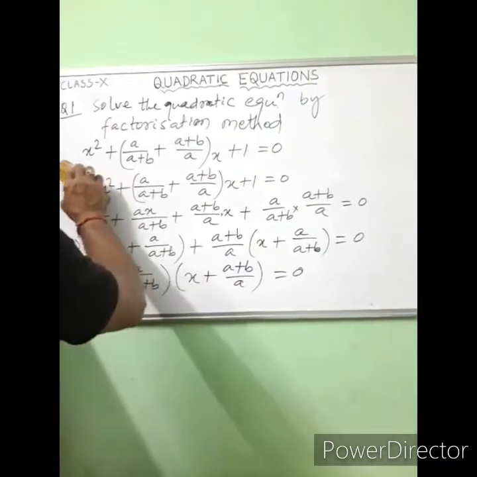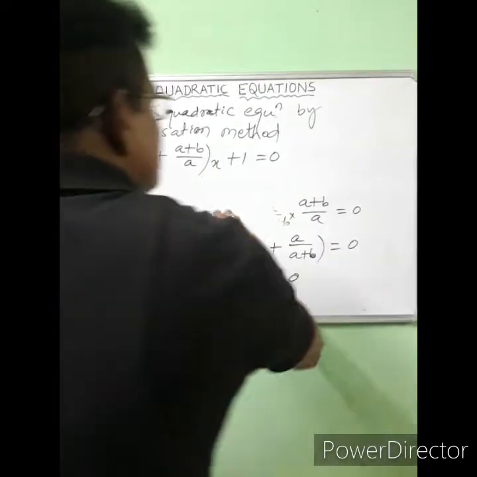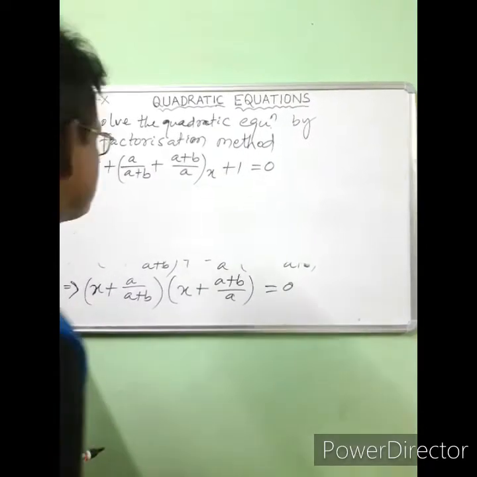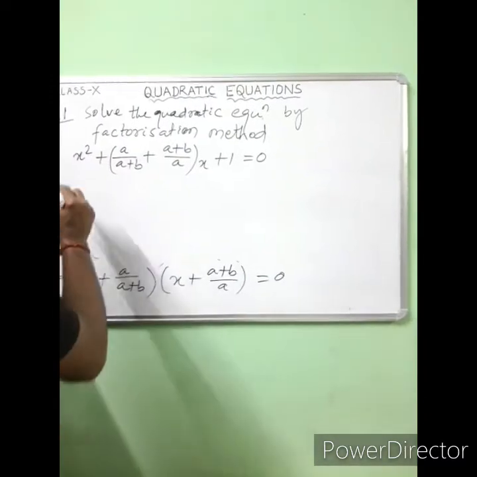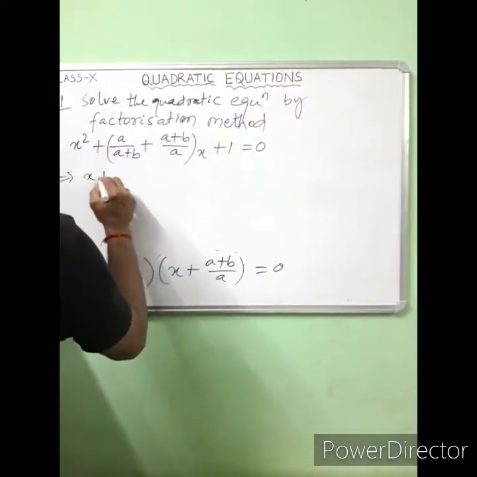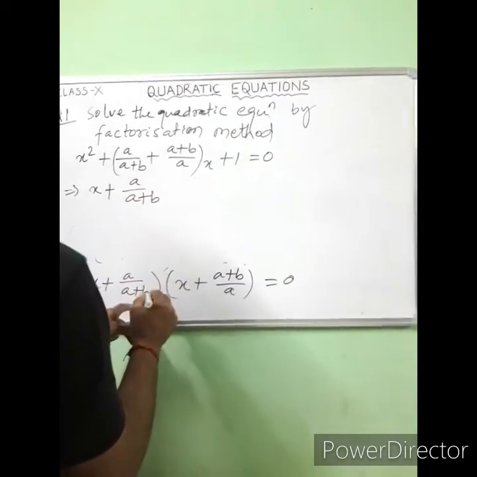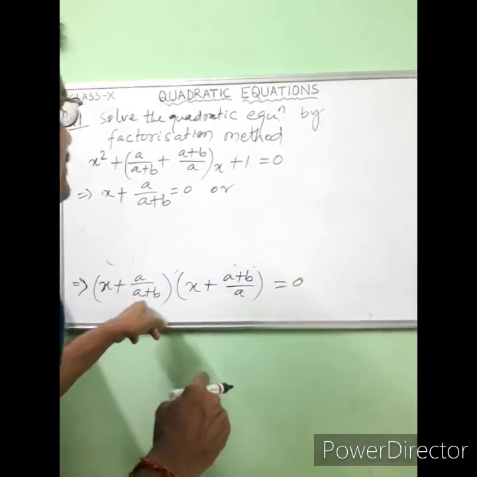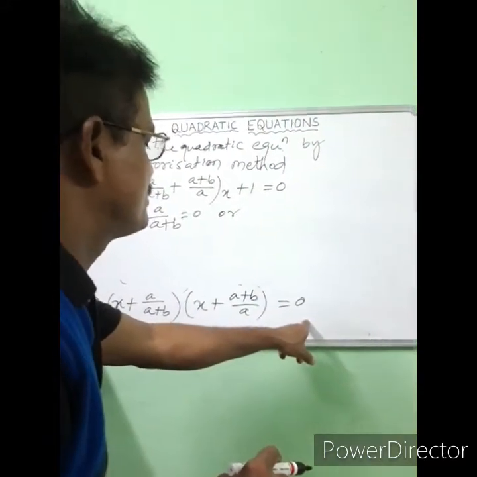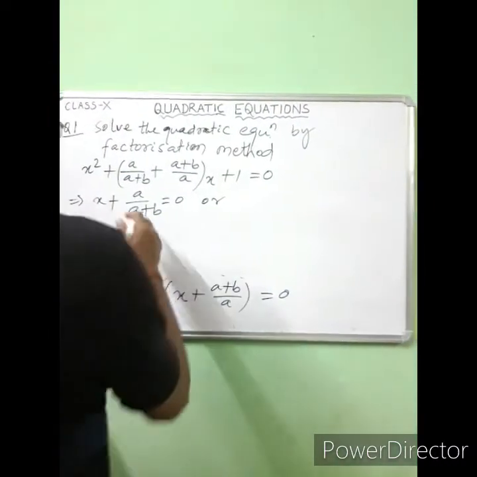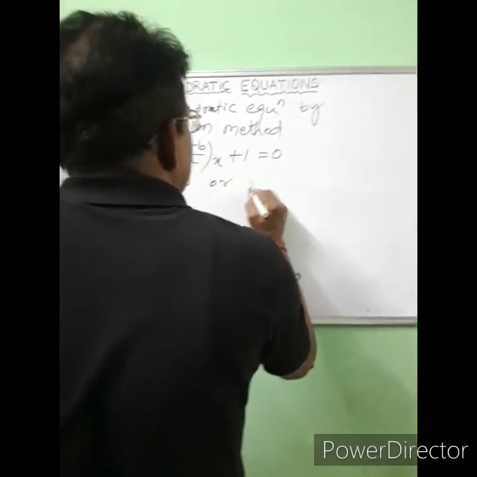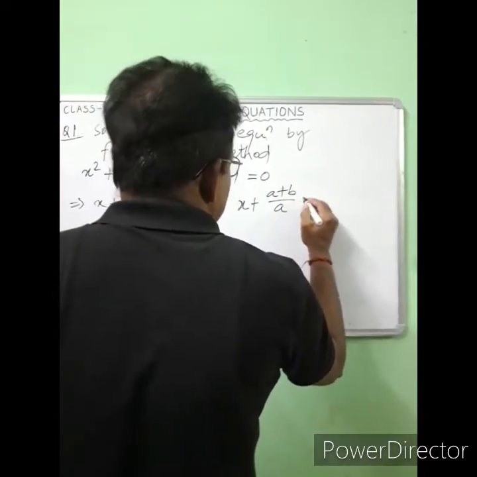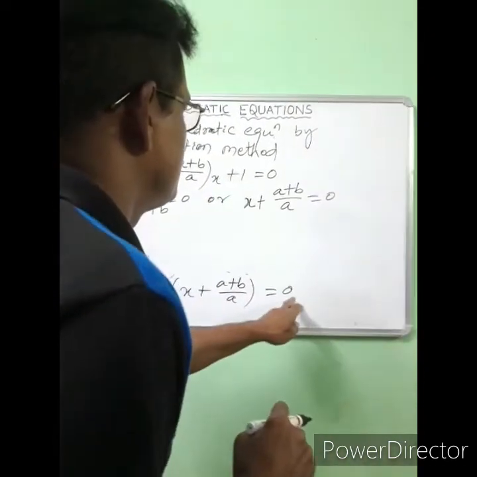So this is equal to 0. Now x plus a by a plus b is equal to 0, or x plus a plus b by a is equal to 0, because 0 is divided by the other factor, so the result is 0.